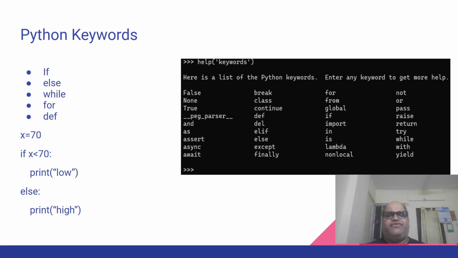We will also execute this in our Jupyter notebook and have another look at it. Some of the typical keywords, as you see, are if, else, while, for, def for the definition or start of a function. So you have probably 30 or 30 plus different keywords.